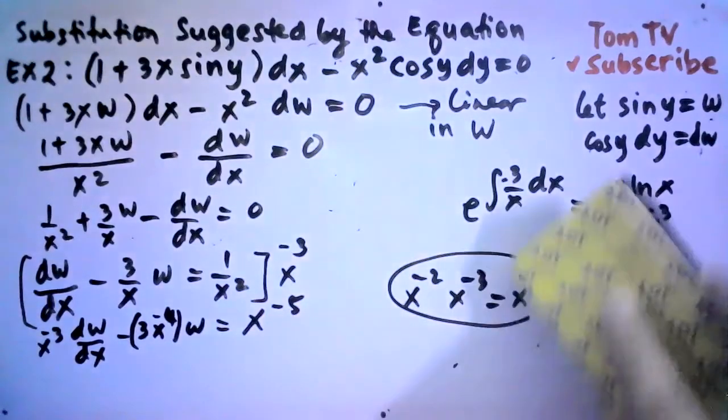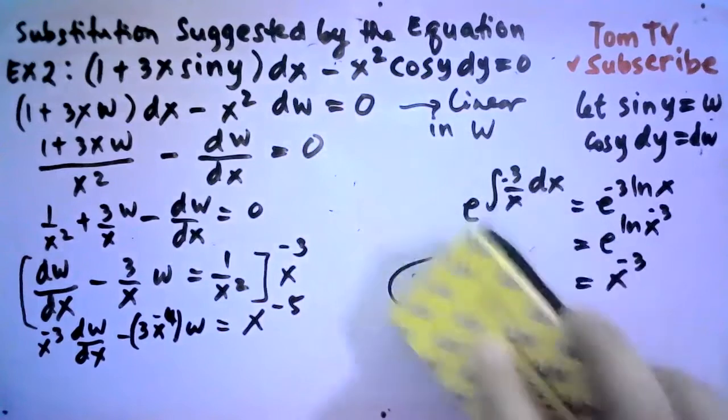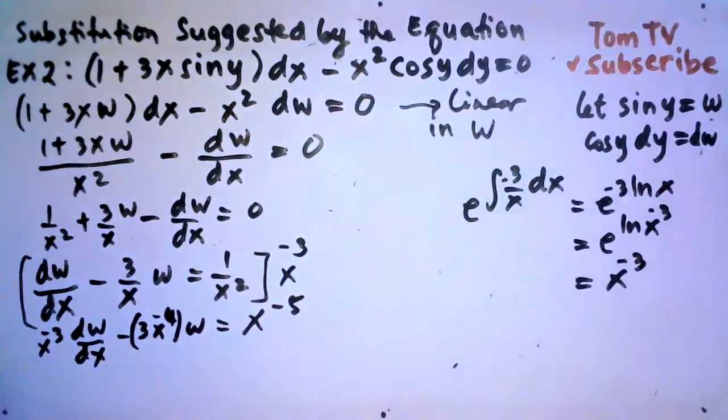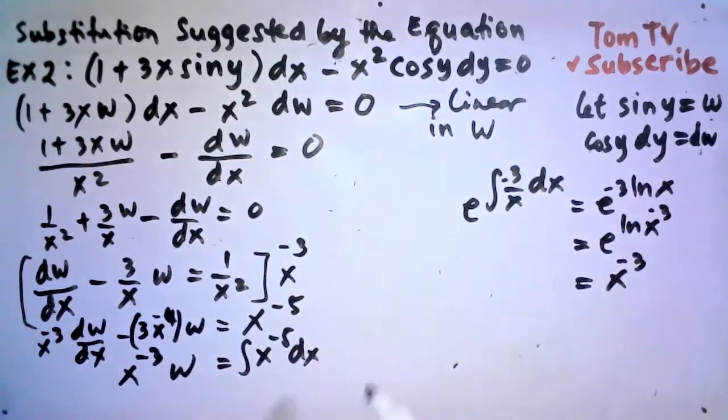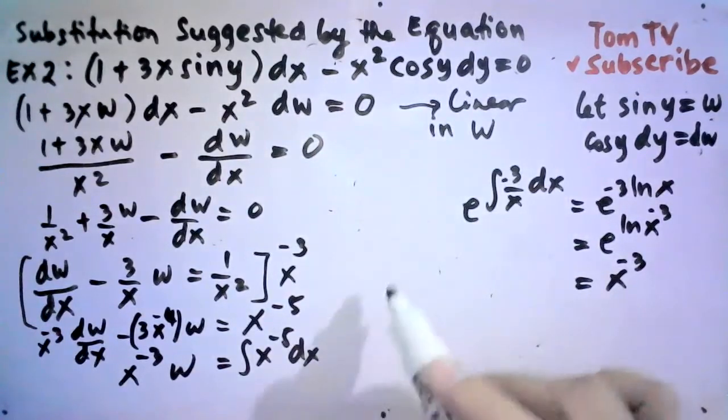Now, after we have our integrating factor, once we multiply and combine, the result for this case is x to the negative 3 times w, which is equivalent to, of course, we will integrate x to the negative 5 dx.